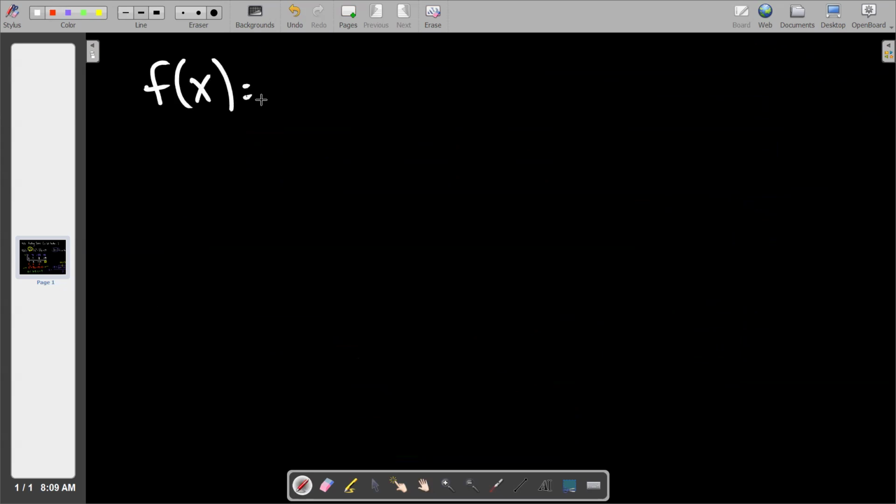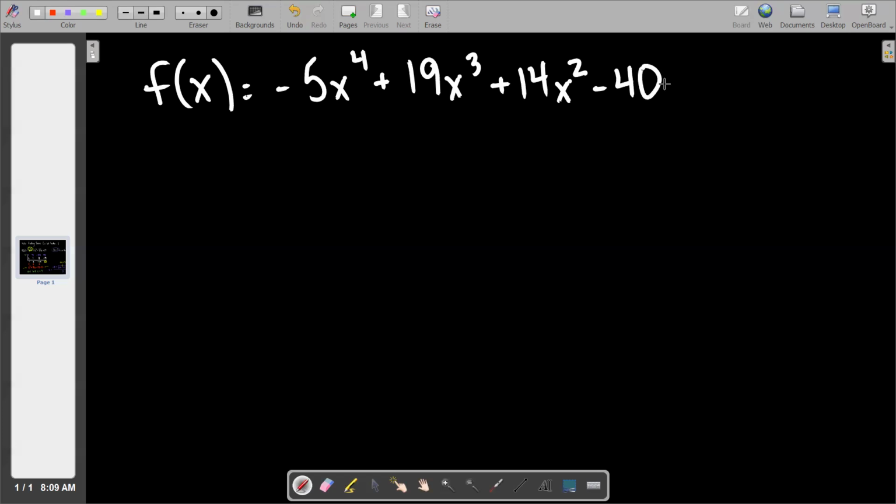we have the function -5x to the 4th plus 19x to the 3rd plus 14x squared minus 40x. You know, when I wrote this problem, I was 100% prepared that I'm going to hear some, by the way, here, let me give you your freebie.